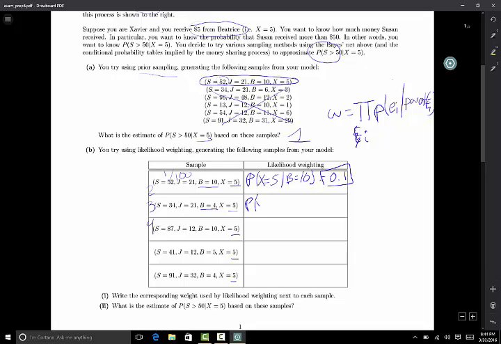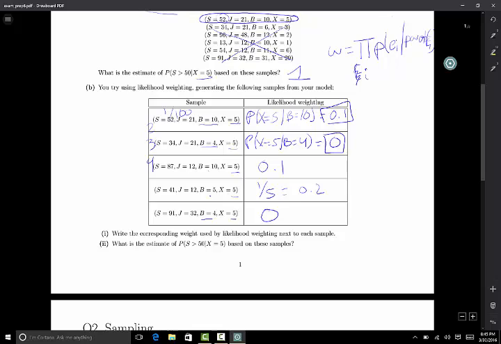So the probability of x equals 5 given b equals 4 is 0, which is our weight. Again, b equals 10, x equals 5, so we get 0.1. And then b equals 5, x equals 5. So since Beatrice has $5, there is a 1/5 chance for every possible value of x between 1 and 5. So then we get 0.2. And for the last one, again, Beatrice only got $4, so this has a weight of 0.